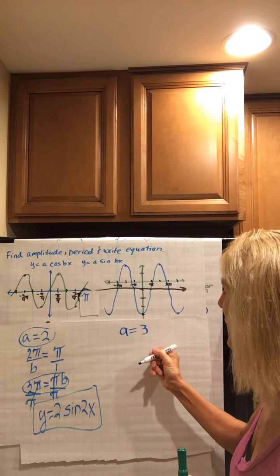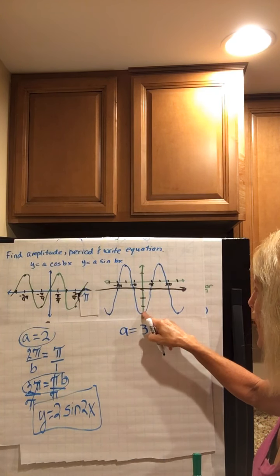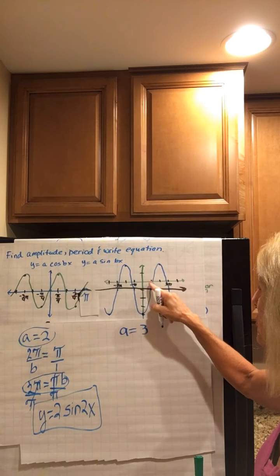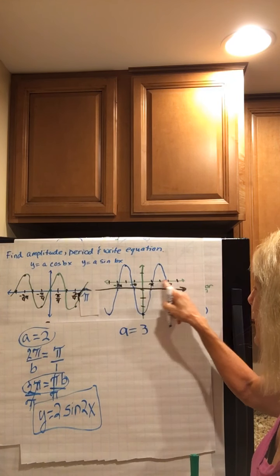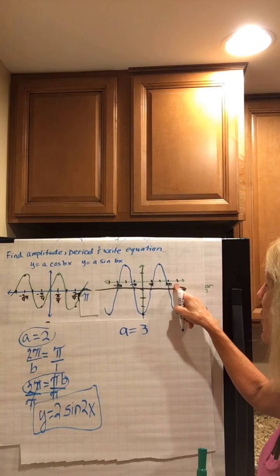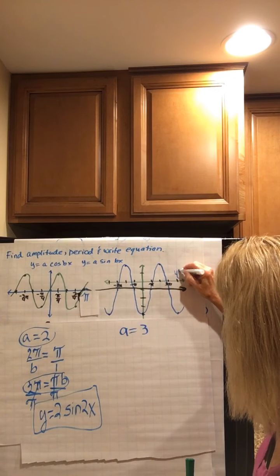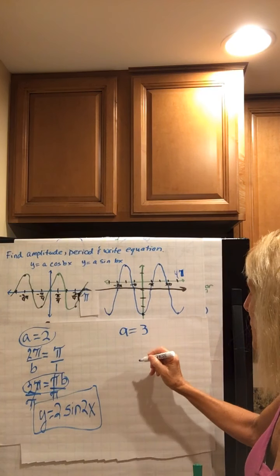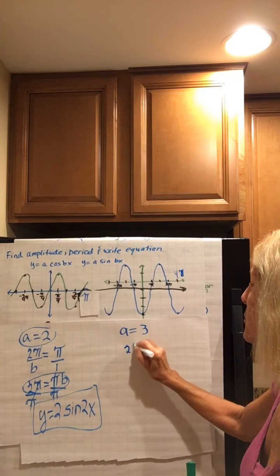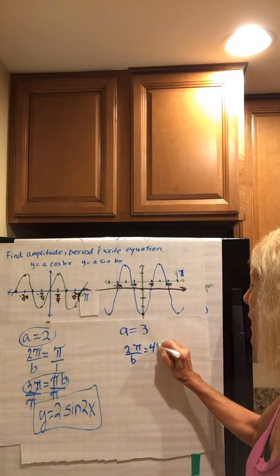Then to find my b, I know this is cosine. To complete a cycle, okay, well this is pi, that's 3 pi. So I went 1 pi, 2 pi, 3 pi. To complete a cycle here, this had to be 4 pi. So to find b, 2 pi over b equals 4 pi.